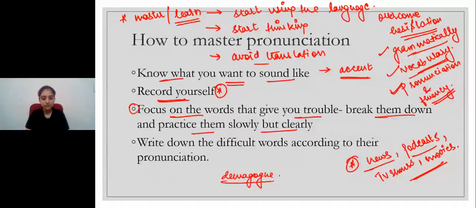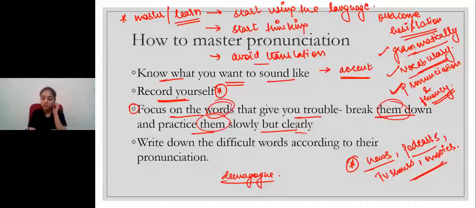This is a peculiar word with a spelling that does not correspond with the pronunciation. So how can you master such words? How can you gain proficiency in such words? The two points listed here say, focus on the words that give you trouble, break them down and practice them slowly but clearly.